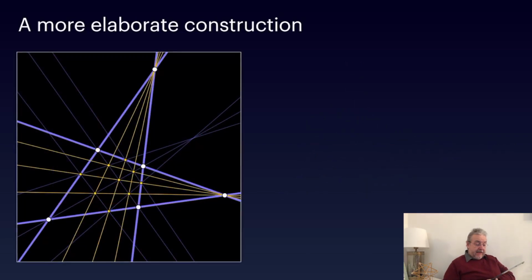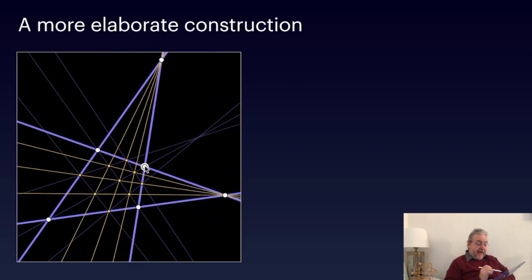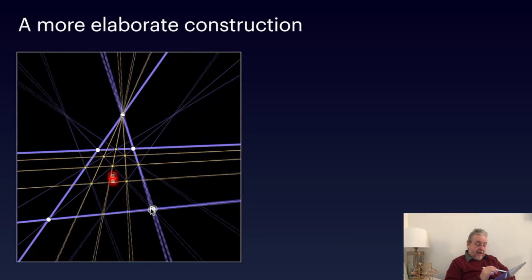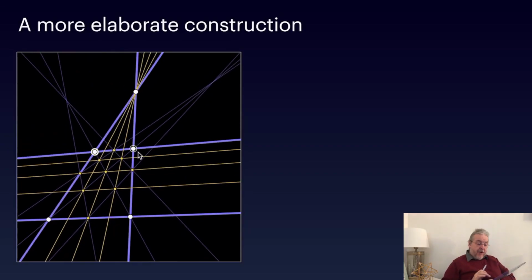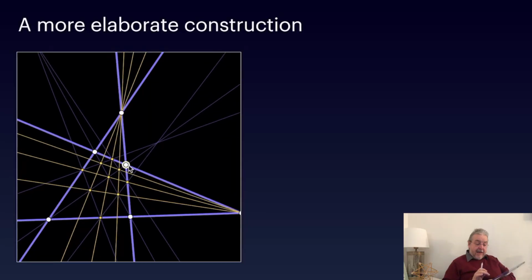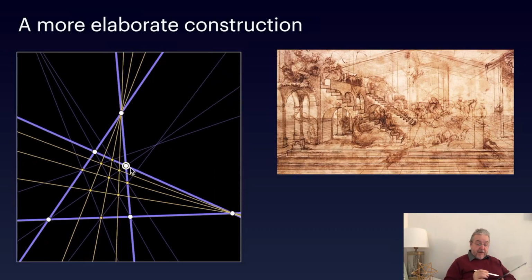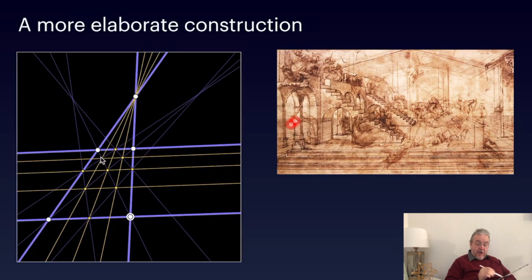I redid this construction with a little bit more dynamics here. So what you see here is the same construction, and I even subdivided the subdivided rectangles once more, and you see how I can produce a nice perspective drawing of a rectangular grid. And if you remember the very beginning of our lectures, then you see that these drawings of the Renaissance painters, they very nicely put rectangular grids on their floors.